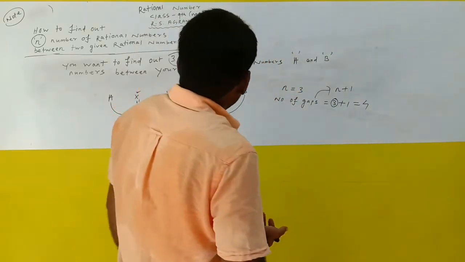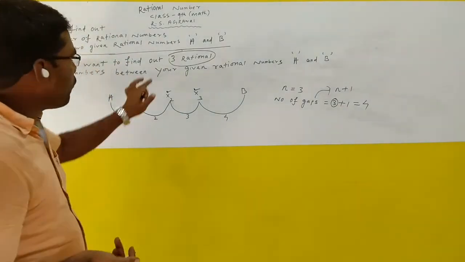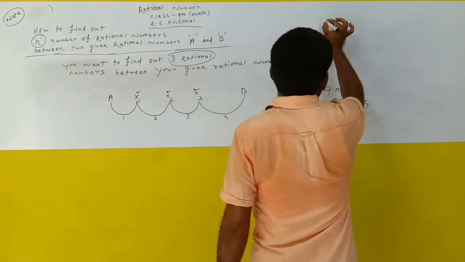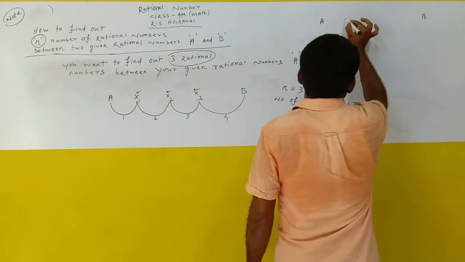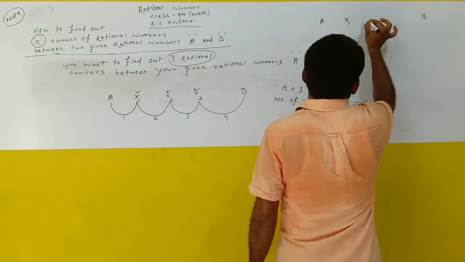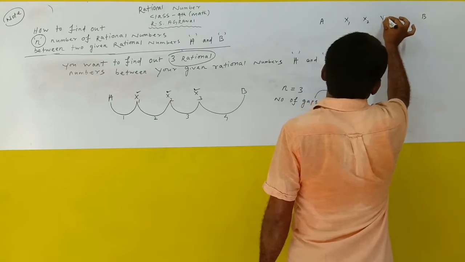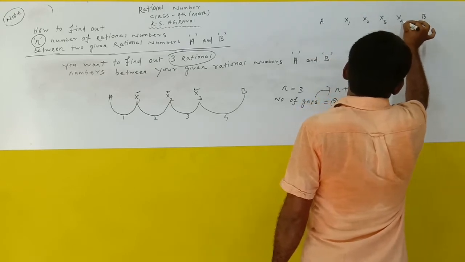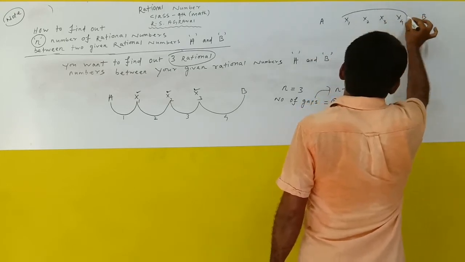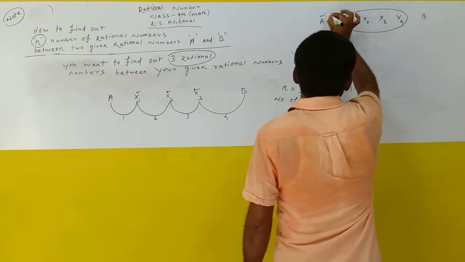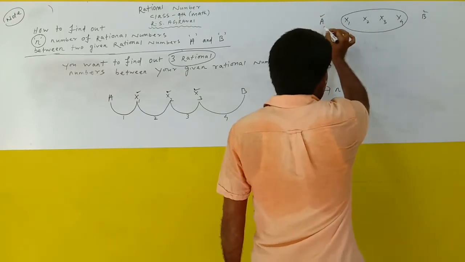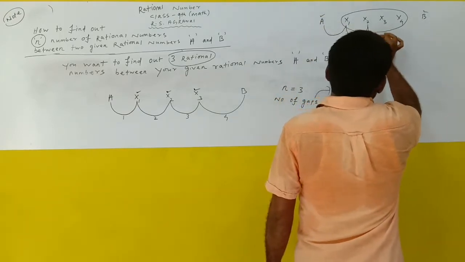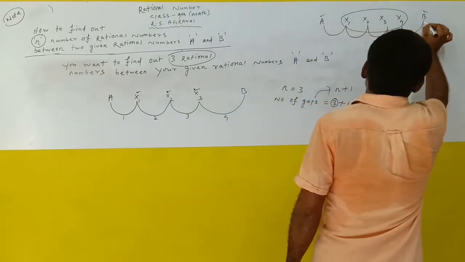Similarly, if you want to find out four rational numbers between A and B, suppose x1, x2, x3, x4, then number of gaps will be 1, 2, 3, 4, 5.